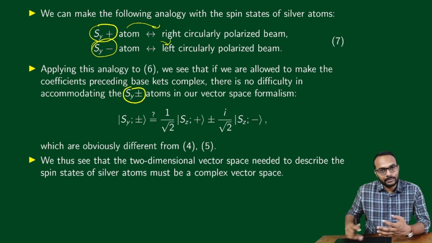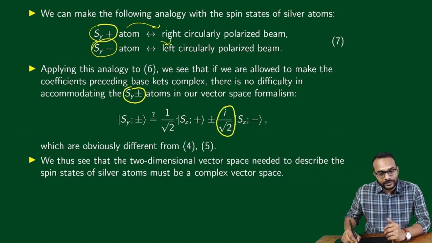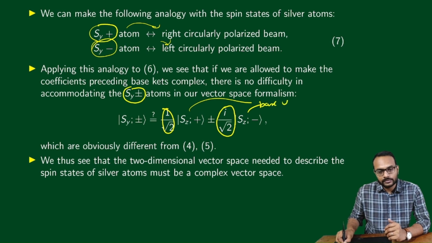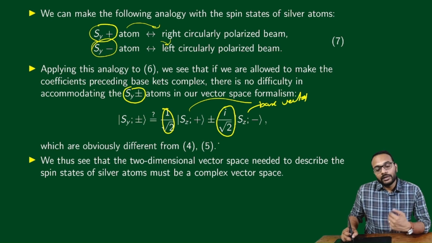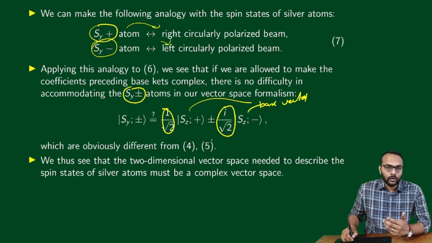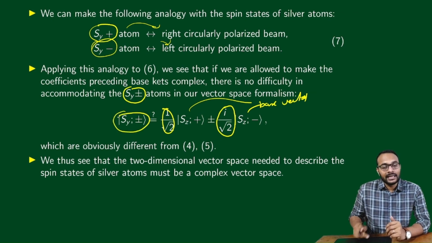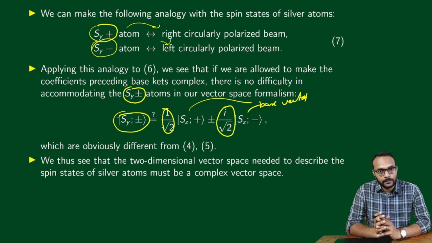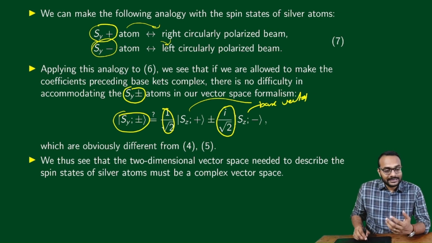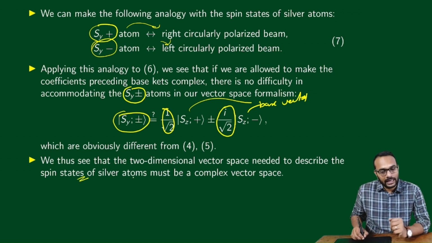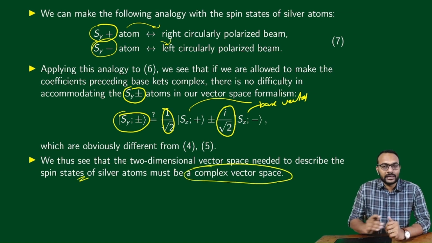When I say that the abstract vector space is complex, what I mean is that we allow these expansion coefficients, as they are called if these are like base vectors, to be complex. If we do that, there's no difficulty in accommodating the Sy plus minus atoms also. So we see that the two-dimensional vector space needed to describe the spin states of silver atoms must be a complex vector space.